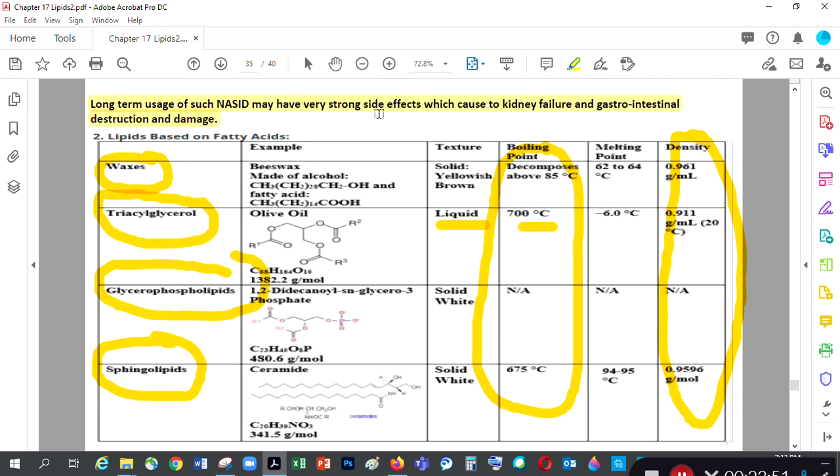It has very strong side effects, which can cause the kidney to stop functioning, and gastrointestinal destruction and damage. So therefore, an NSAID is good for maybe a couple of times, but don't be addicted to it, and let your immune system fight the injury and inflammation.